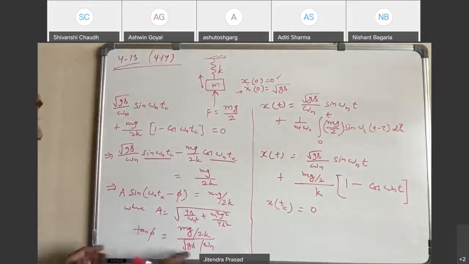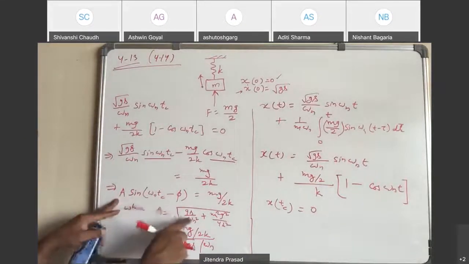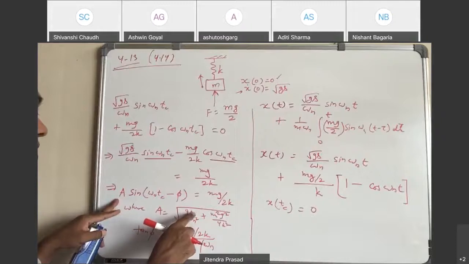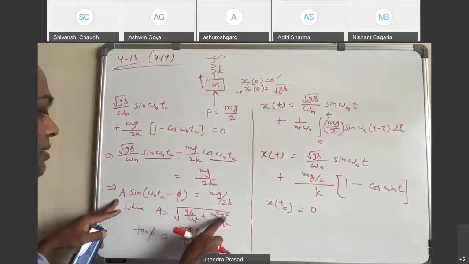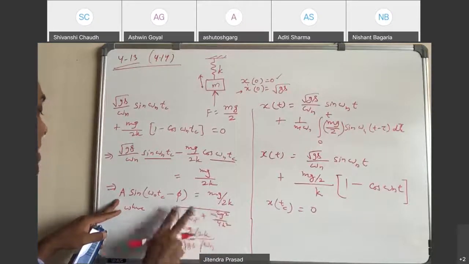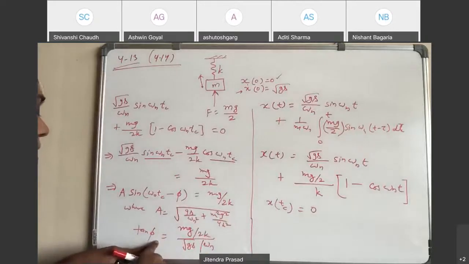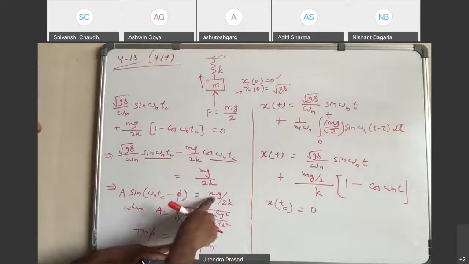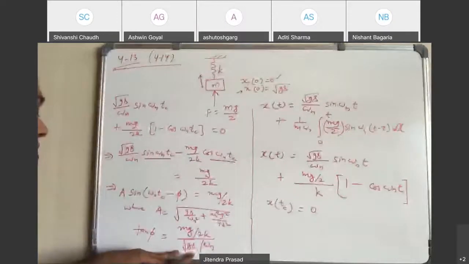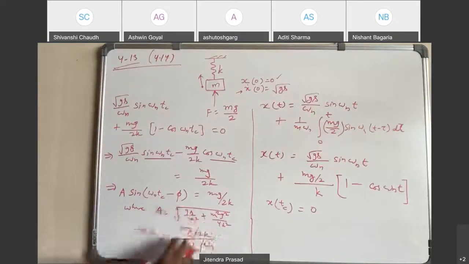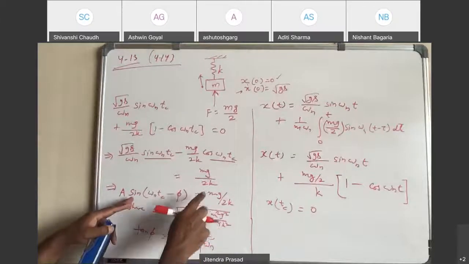Okay, so everything is known here. A is known because here we have gs value given, omega n is given, g, so all these values are known. In tan phi also mg is known, k is known, and root gs over omega n equal to root k over m, so all things known. So this is the condition, right?